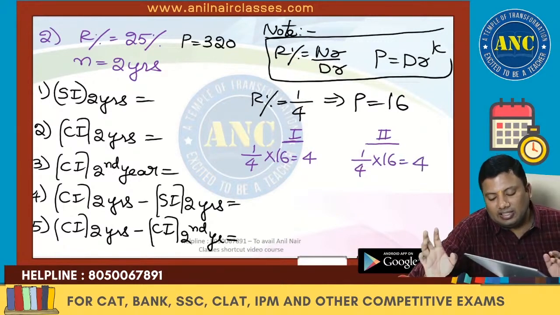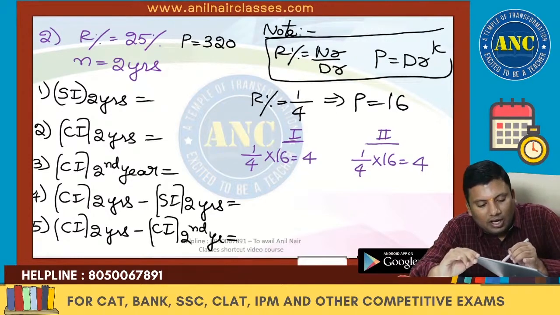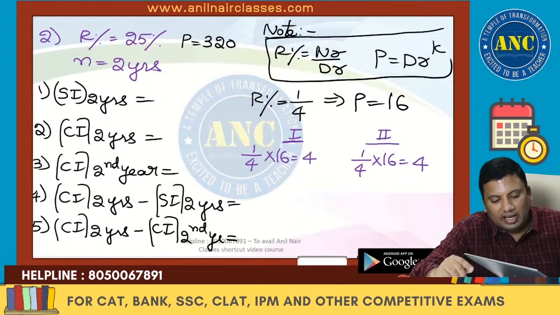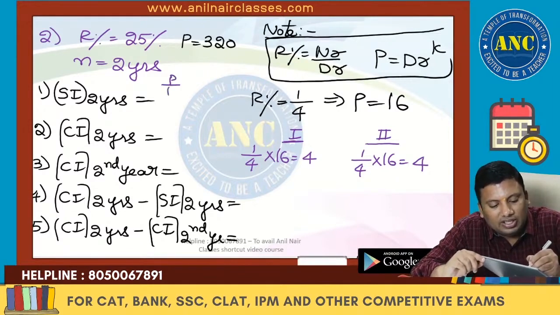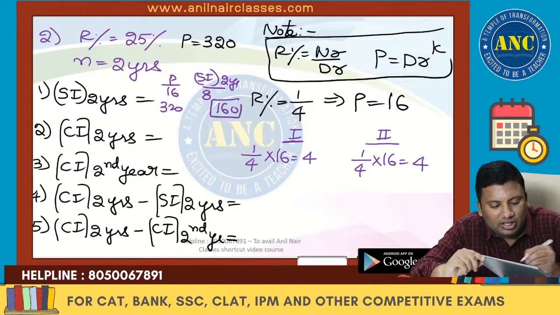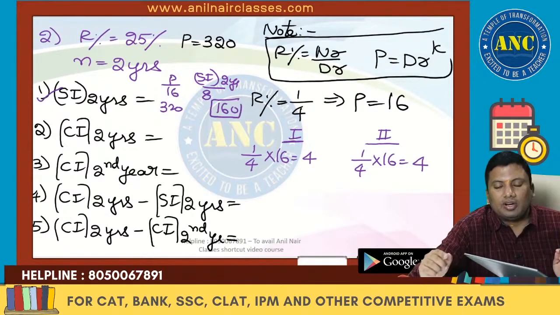First year SI, second year SI. So total SI for 2 years is nothing but 8. When the principal is 16, SI for 2 years is 8. But it is 320. 16 into 20. 8 into 20 is 160. First one answer is 160.